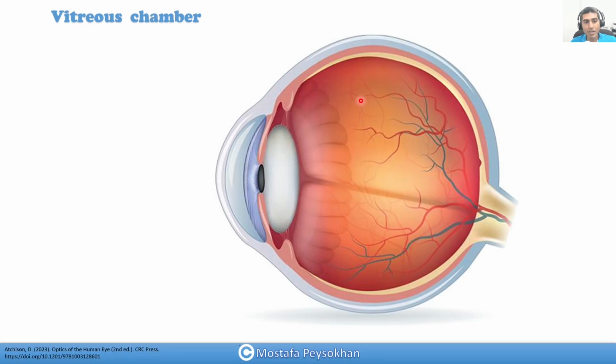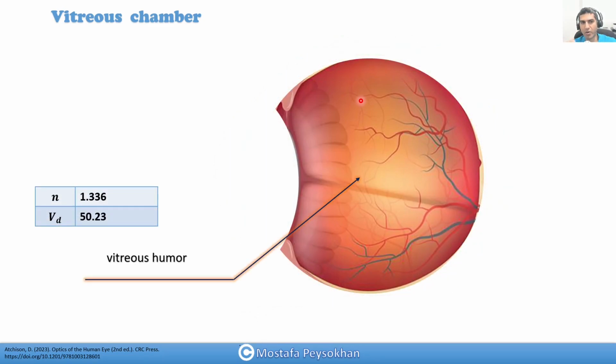The next one, as you can guess, is the vitreous chamber, which is full of jelly-like liquid, and this is the part of the eye that we call vitreous humor. Its refractive index is pretty close to water.